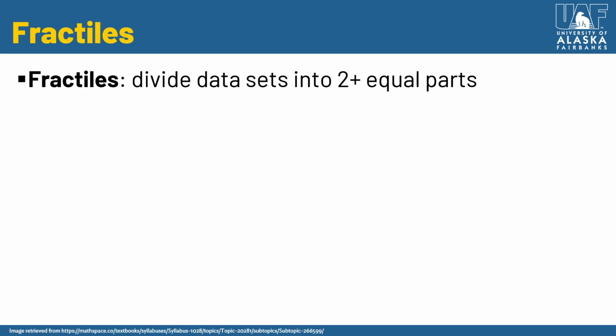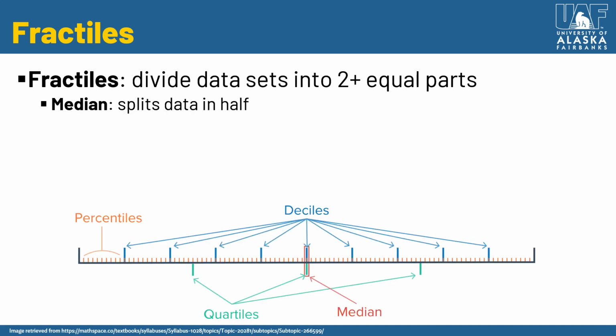One term, or a few terms, that I'd like to at least define are fractiles. These are different ways to divide data sets into 2 or more equal parts. One we've already come across is the median, right? That measure of central tendency that basically splits the data in half.